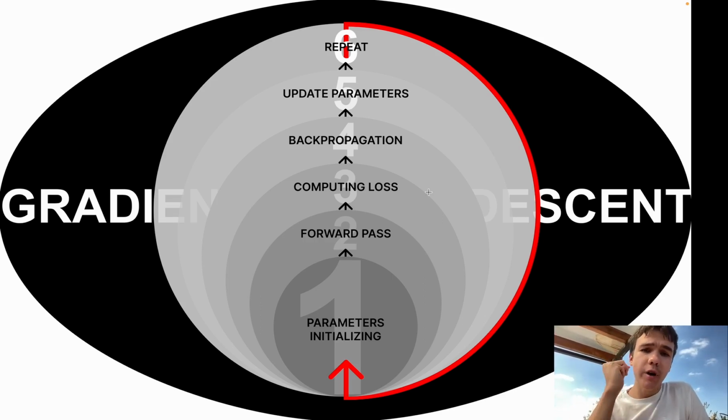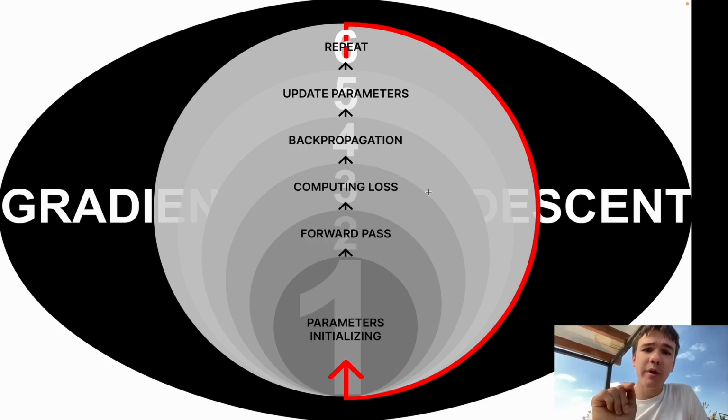Then the fourth step is backpropagation, and of course backpropagation comes after computing the loss, because backpropagation computes the gradient, and the gradient is computed with respect to the loss function. What's the loss function? It is just the result of computing the loss. So computing loss is the third step. Then the fourth step is backpropagation.